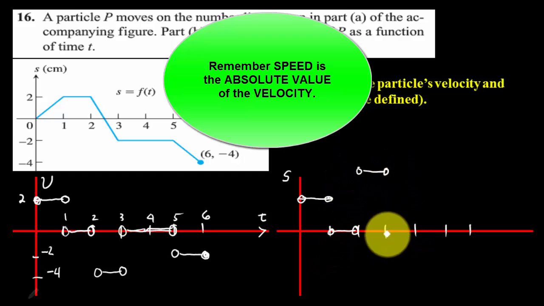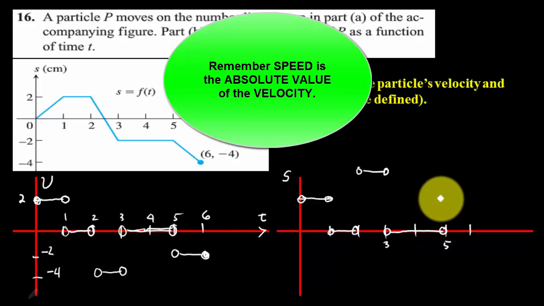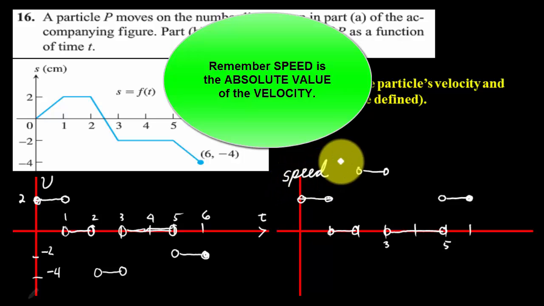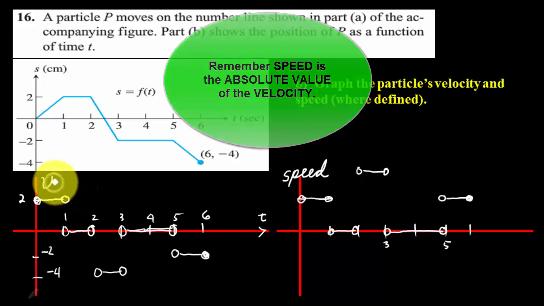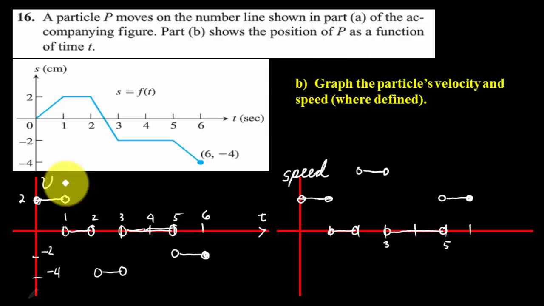And then from 3 to 5, 0 speed. Then from 5 to 6, the speed is positive 2. So this is the graph of the velocity, and this is the graph of the speed. Let me write it as speed so you won't confuse it with s of t. There's your speed, which is just the absolute value of the velocity graph.